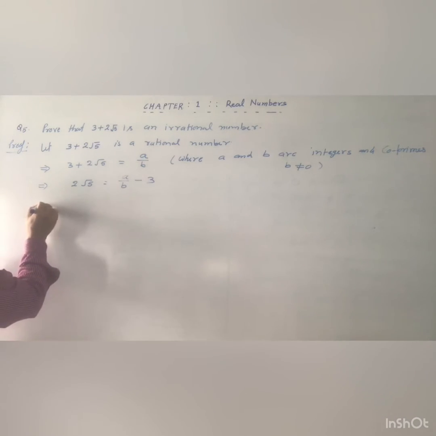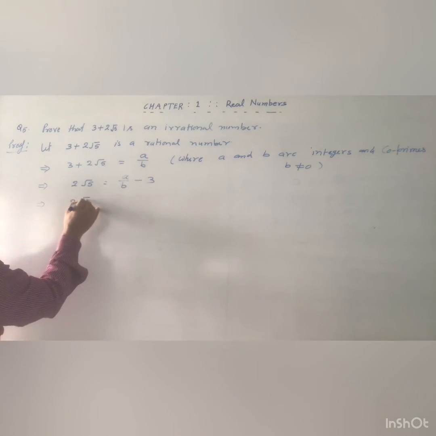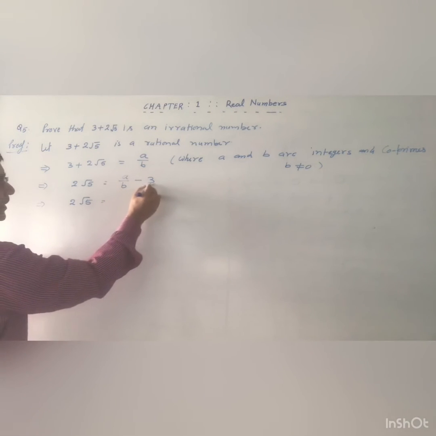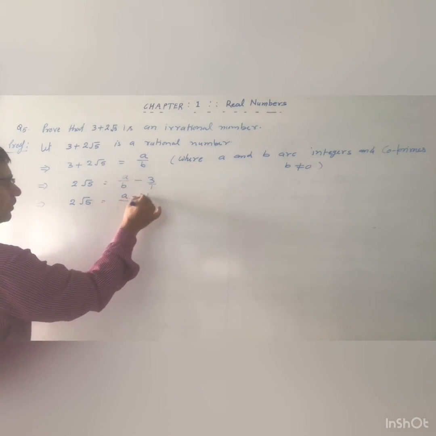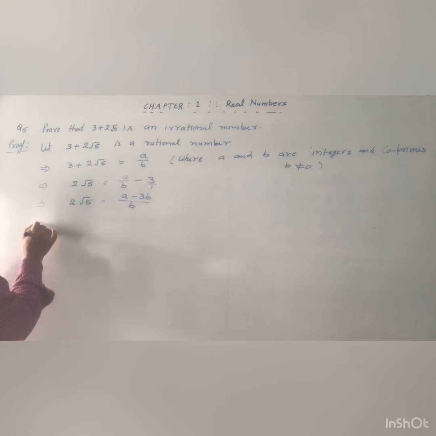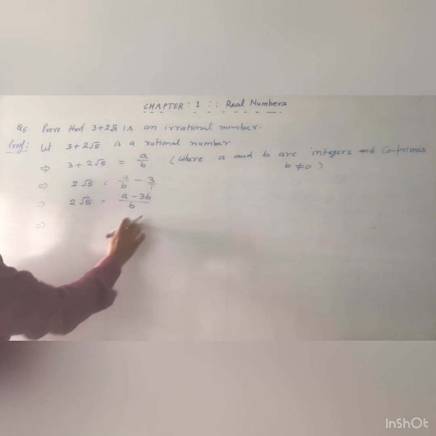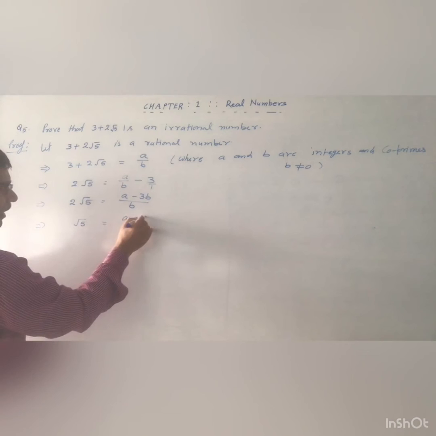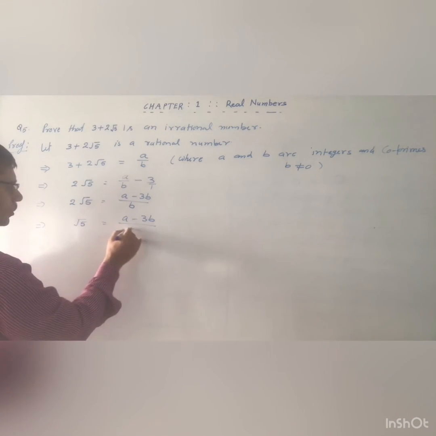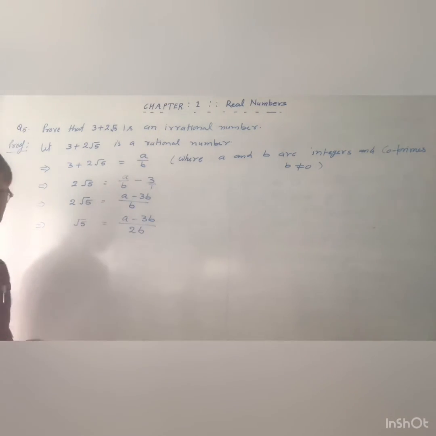Now you can write it as 2 under root 5 equal to, taking the LCM, A minus 3B upon B. After that transpose this 2 to the right-hand side. What you get? Under root 5 equal to A minus 3B upon 2B. Clear?